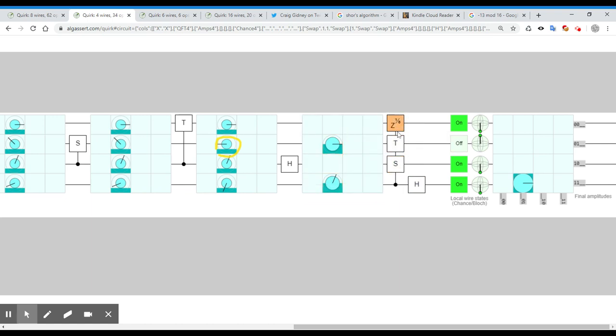If there's a 1-1, which there's not, and a 1-1, which is also not. There is here. So that rotation also happens.